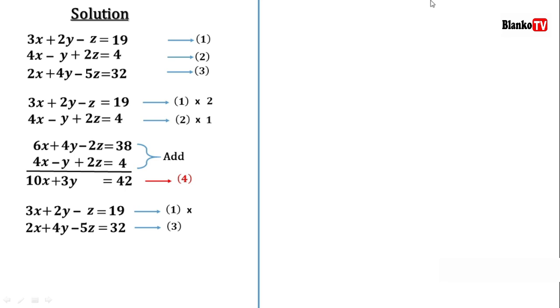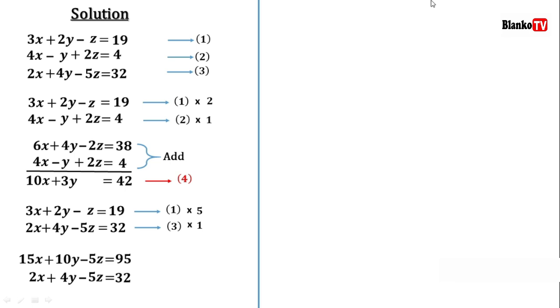So we multiply equation 1 by 5, then we multiply equation 3 by 1, and we are going to get 15x plus 10y minus 5z equals 95, and then 2x plus 4y minus 5z equals 32.